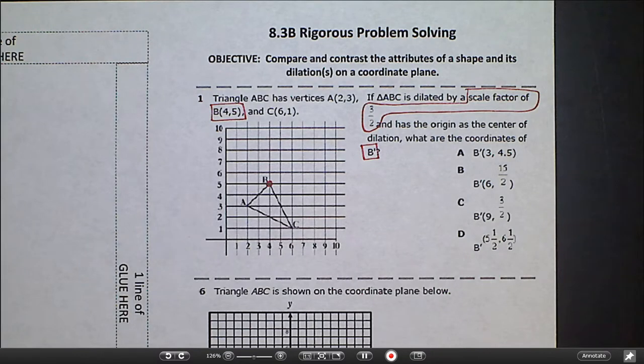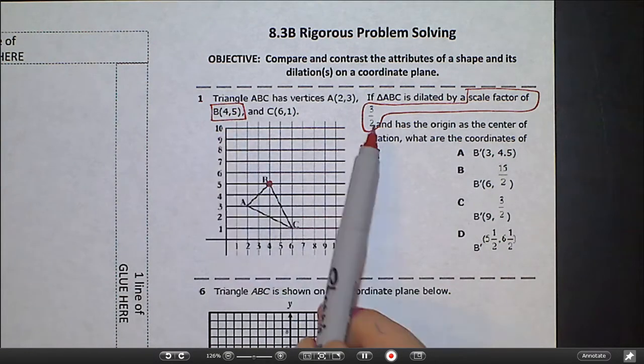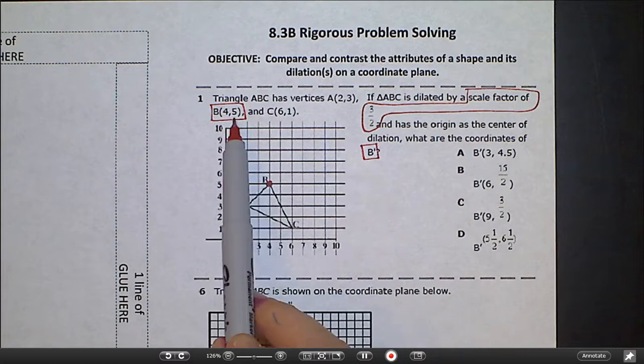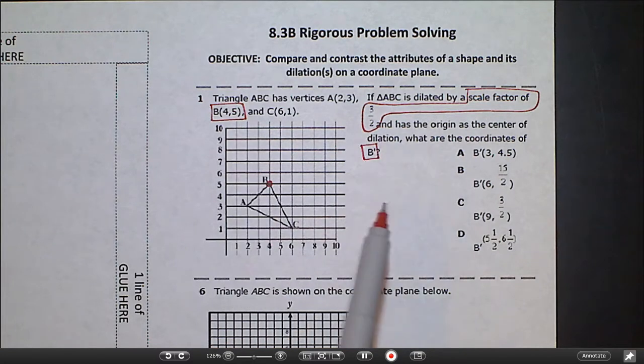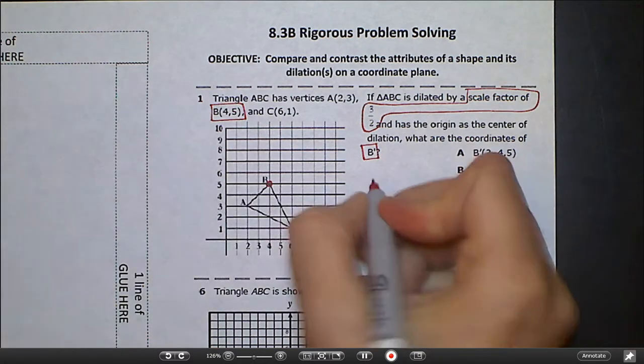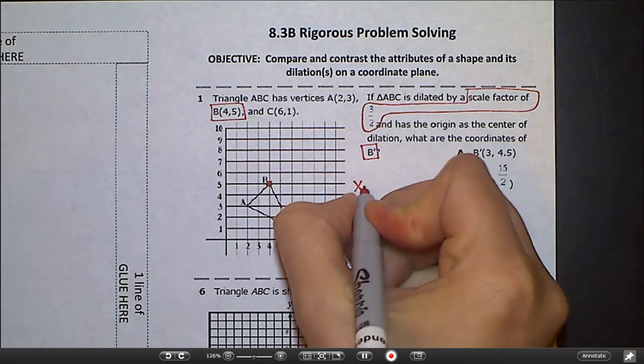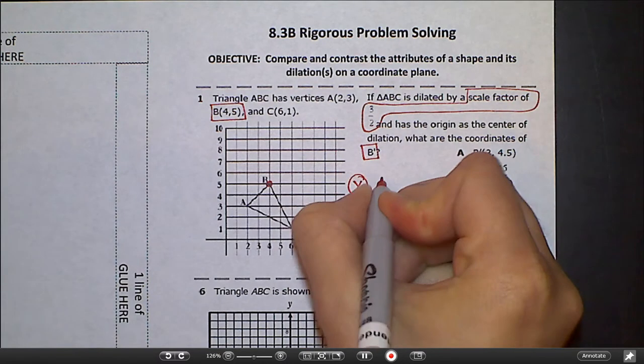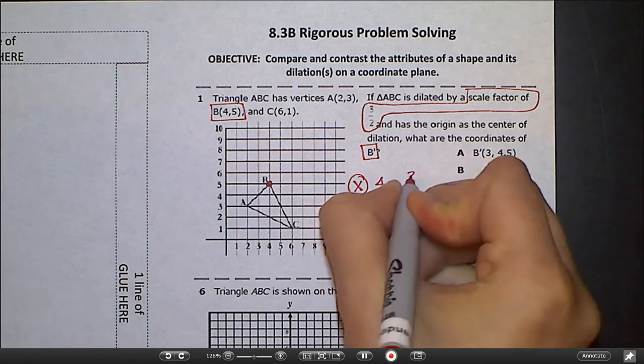So the only difference between this and 8.3c is that now we have to actually figure out the coordinate, but it's the same process. We're still just going to multiply the x value by the scale factor and multiply the y value by the scale factor. So, to get our x value, we're going to take 4 times 3/2.